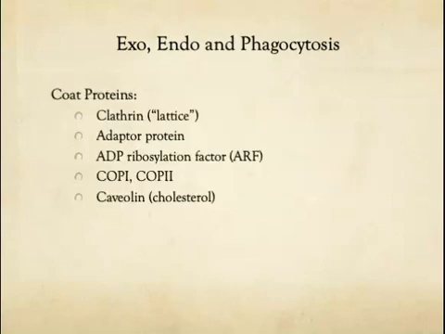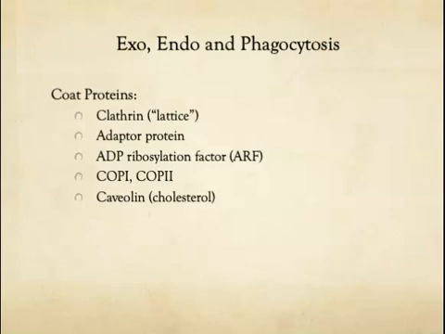I said earlier that you don't need to worry about the different roles of different coat proteins in this course. I just want to expose you to some of the names. There's one called clathrin, there's one called adapter protein, there's one called dynamin that we saw in the earlier diagram. There's one called ADP ribosylation factor, or ARF.